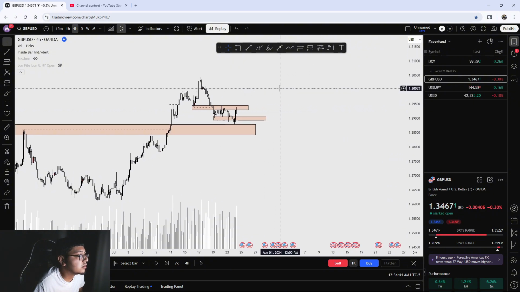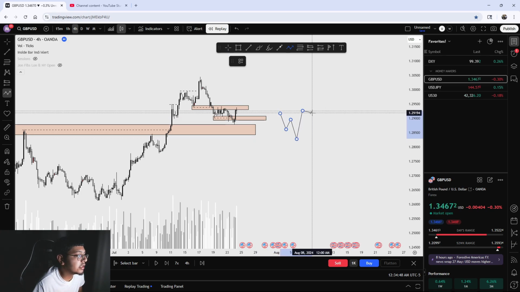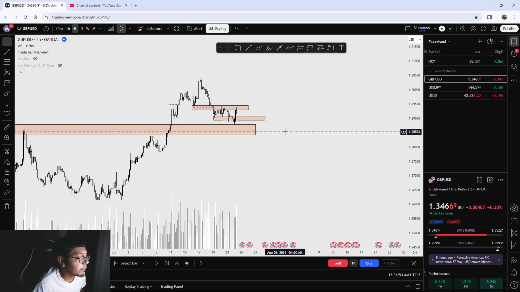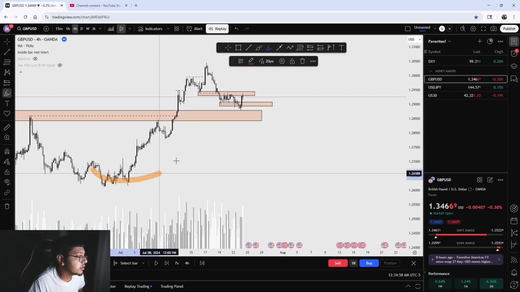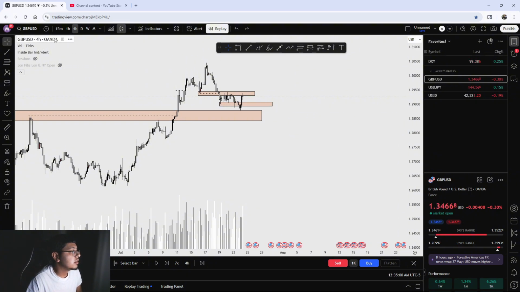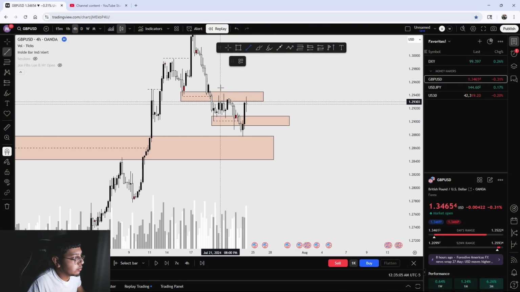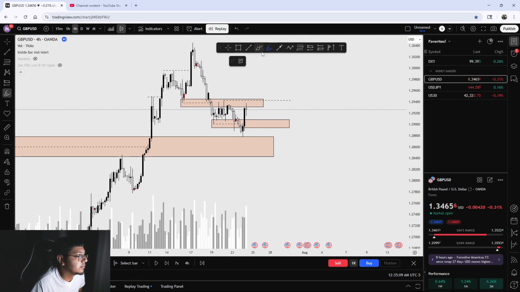But the only way it's valid for me is if price continues in an internal downtrend and it breaks internal structure to the upside, because that validates me that price is now bullish internally and we're also bullish externally, right? So I want to see price break and close above this high, right?